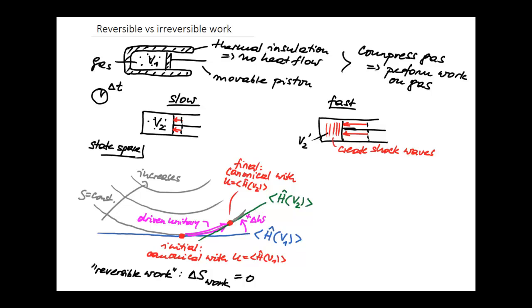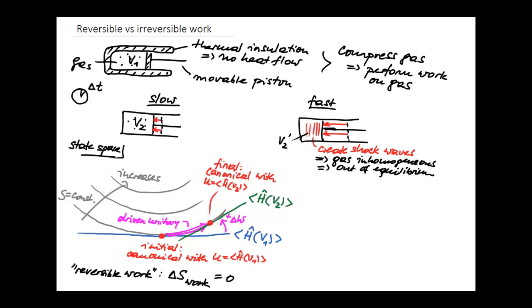But initially, after this very fast movement of your piston, you generally have shock waves. These shock waves lead to inhomogeneities of the gas. And so it's no longer in equilibrium. Yeah? So it's out of equilibrium. And then only after some while the gas settles in equilibrium again.